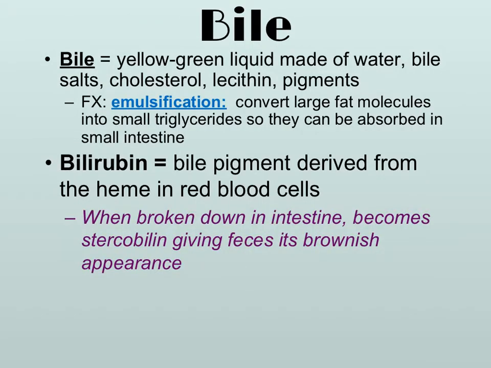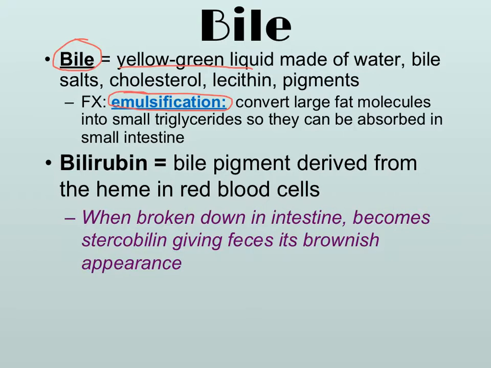All right, now here is that substance called bile. Yellow, greenish liquid. It's made of water, bile salts, cholesterol, lecithin, and pigments. Here's its function. This is what you're going to need to know. Emulsification. It's secreted into the small intestine, the duodenum, the first part of the small intestine.